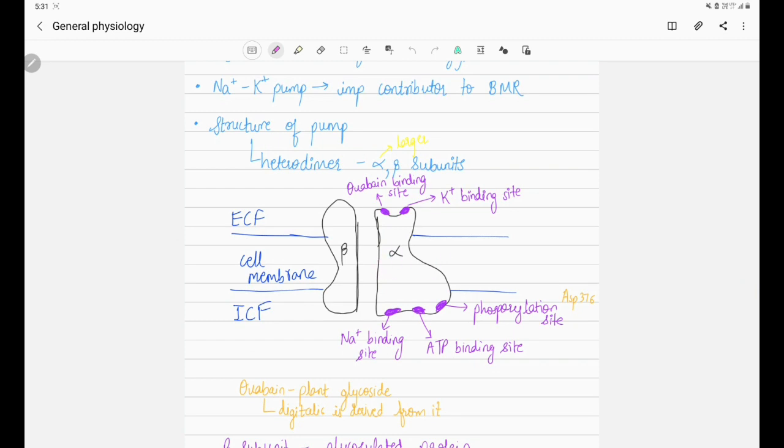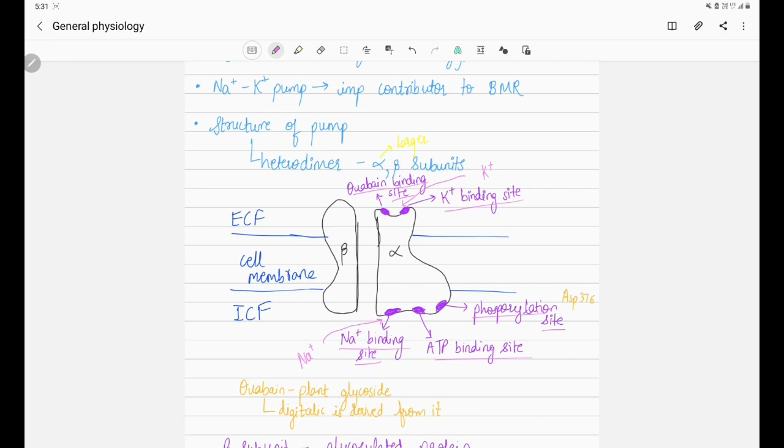On the ECF side there is the K+ binding site and the ouabain binding site, then on the ICF side the sodium binding site, ATP binding site, and phosphorylation site. So ECF has 2, ICF has 3. K+ from outside will bind to its site and then enter inside, whereas Na+ from inside will bind to its site and go out.